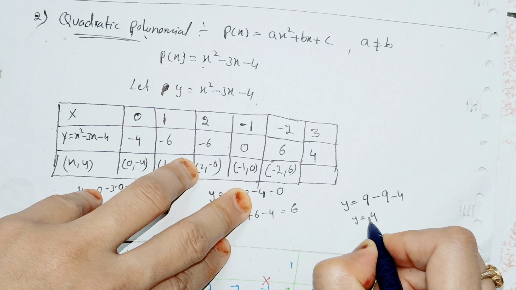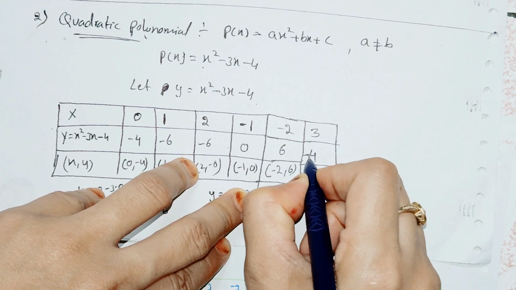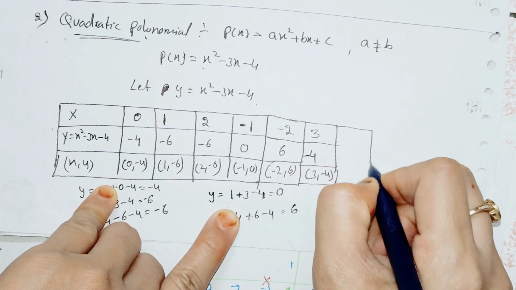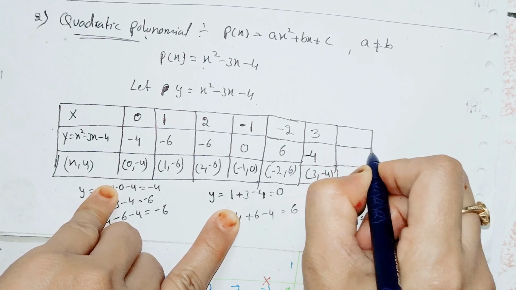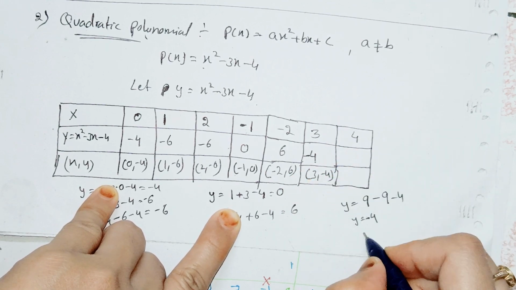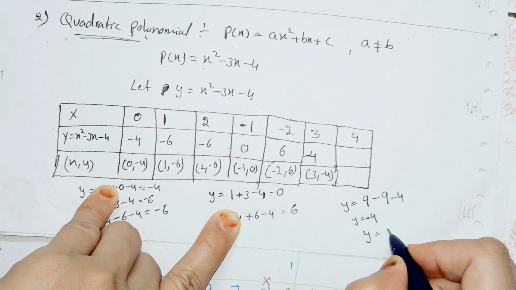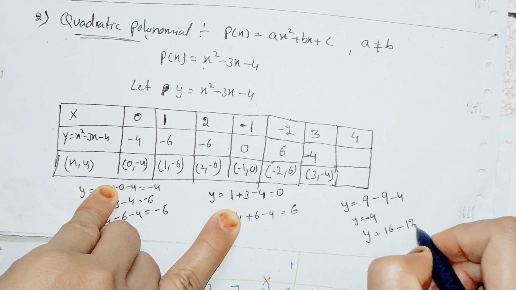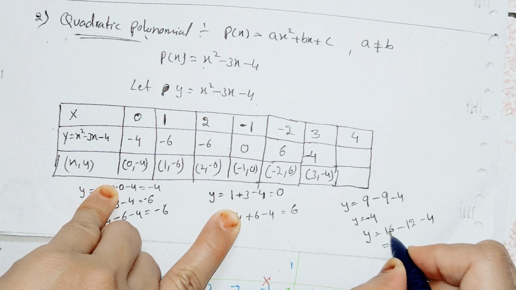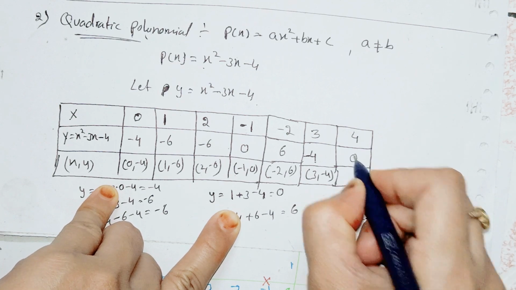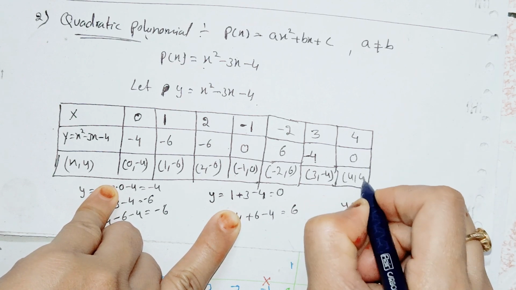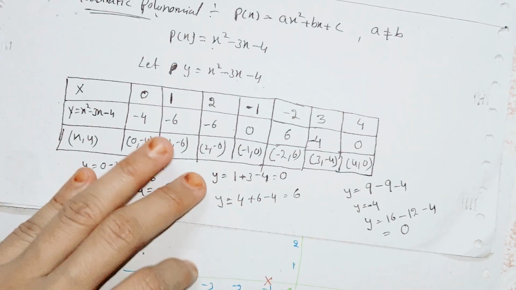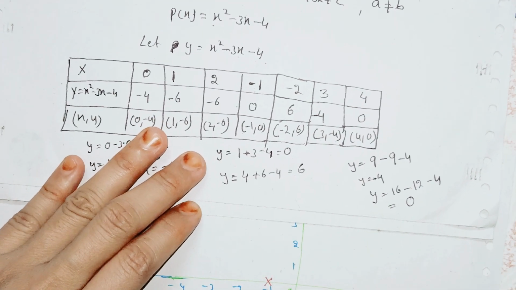So the coordinates are 3 comma -4. Then I'm taking the 4th point. So if I take 4, the y value will be 4 square means 16, 3 fours 12, -12 -4. Here I'm getting 0 means here 4 comma 0 I'm getting. Okay, now we'll try to mark this.